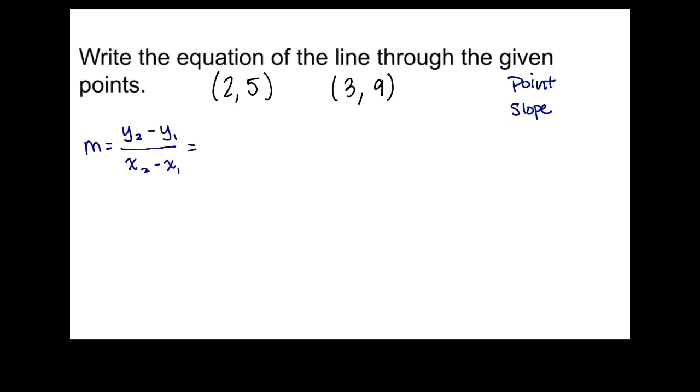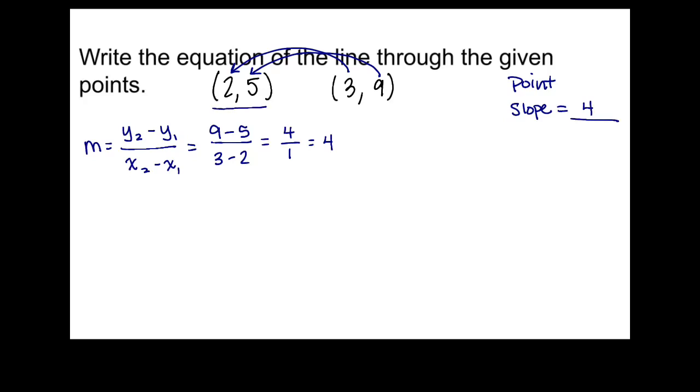That'll help get me the slope that I need. So I'm going to start with 9. So 9 minus 5 over 3 minus 2, which is 4 over 1, which is 4. So the slope is 4.